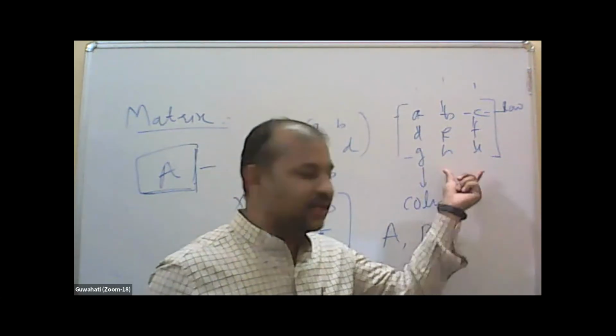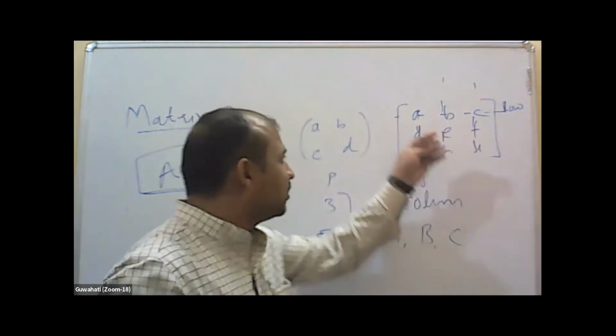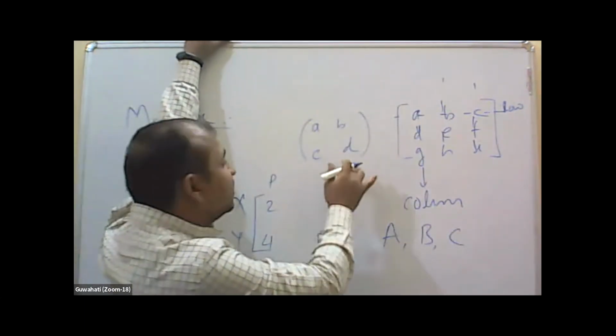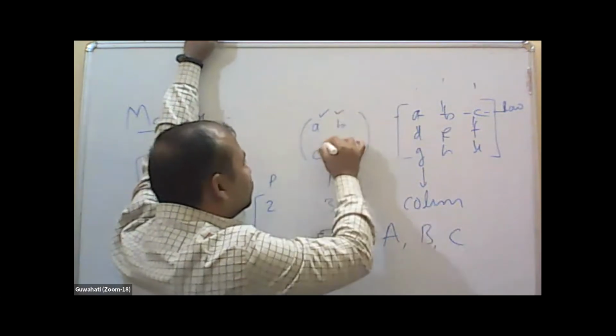Now in the first example, how many entries are there? 1, 2, 3, 4.